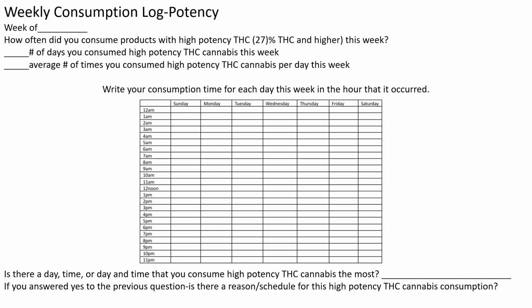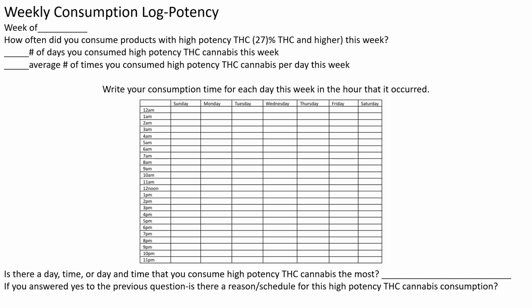But what you will be looking at on this calendar is the number of days you consume high potency THC and the average number of times you consume high potency THC cannabis per day. So let's say on Monday you consume cannabis 4 times, and 2 of those times were high potency.